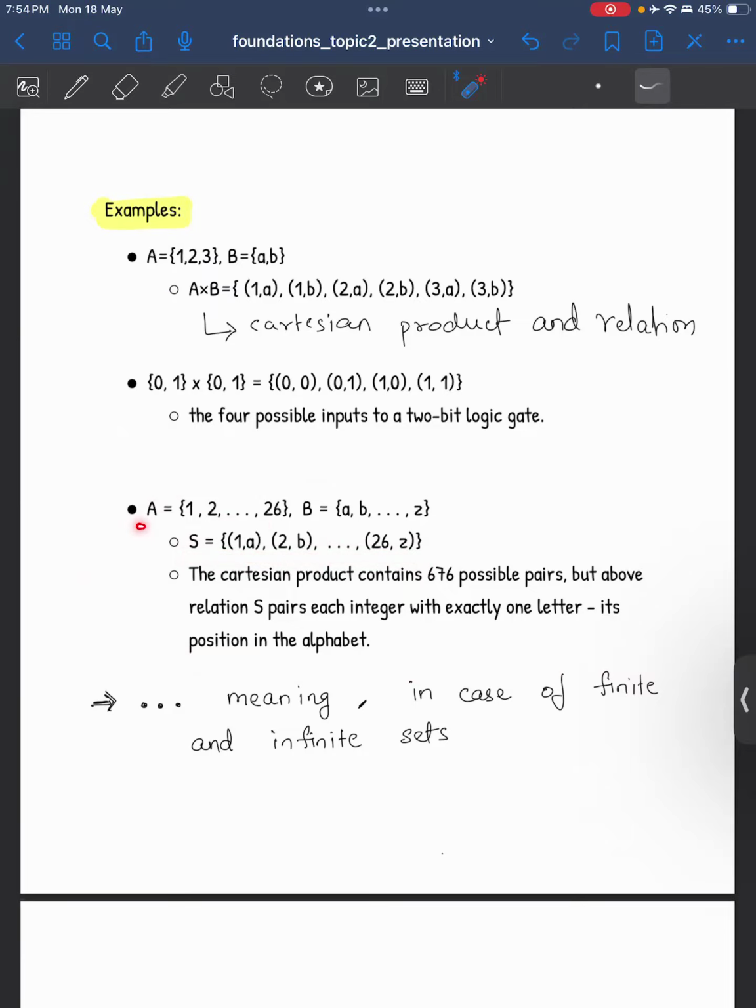We have two sets: 1 to 26 is the first set, A, and B is the list of all alphabets in the English language, A to Z. If we considered the Cartesian product, it would contain 676 possible pairs, which is 26 times 26. But the relation S just pairs each integer with exactly one letter, its position in the alphabet.